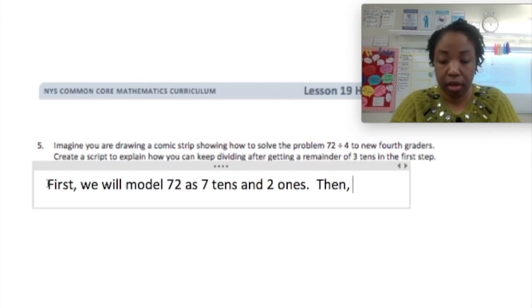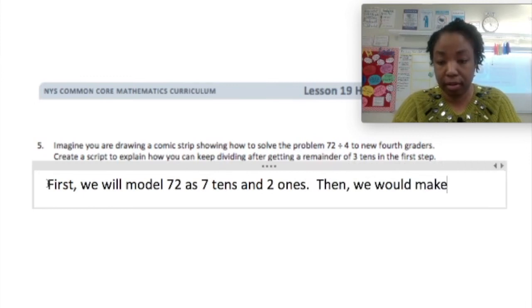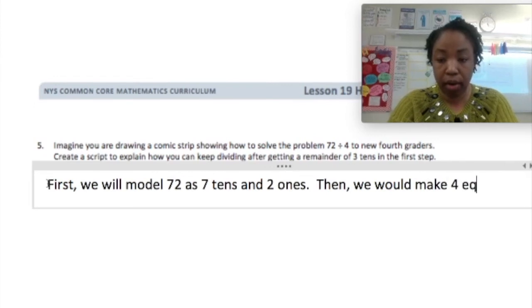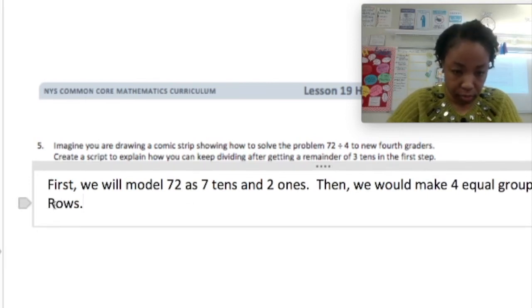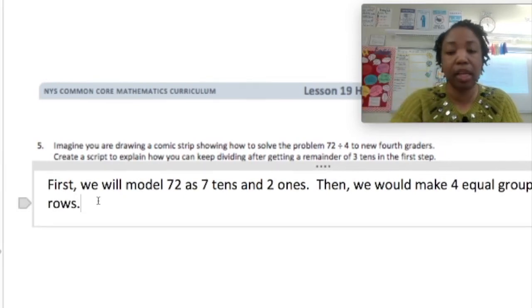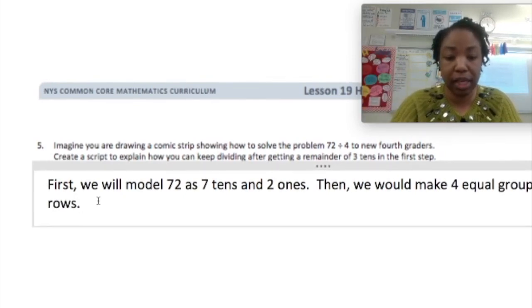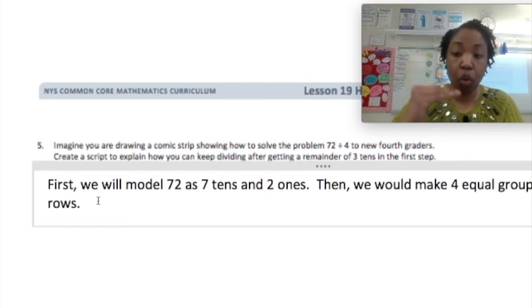Then we would make 4 equal groups or rows. Okay, so we are setting up 72 divided by 4. 7 tens, 2 ones, 4 equal groups.